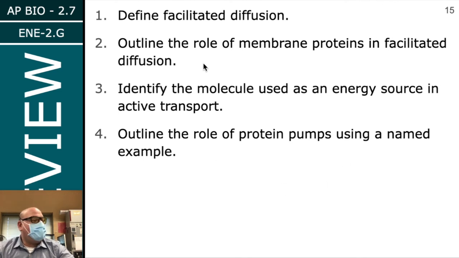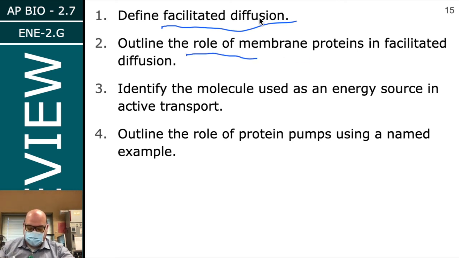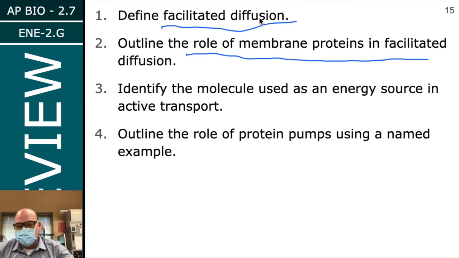All right, so after this lecture, you should be able to do these things, okay? You should be able to tell me, what's facilitated diffusion? Well, Mr. Sater, that's a certain kind of diffusion where a protein makes very specific ions pass through the membrane, okay? You should tell me what the role of these membranes is when we talk about this.